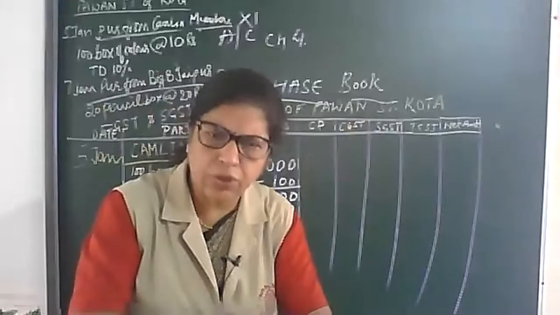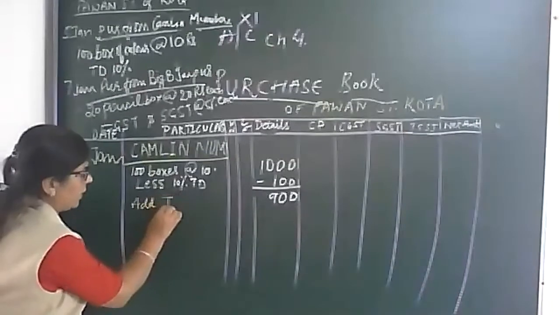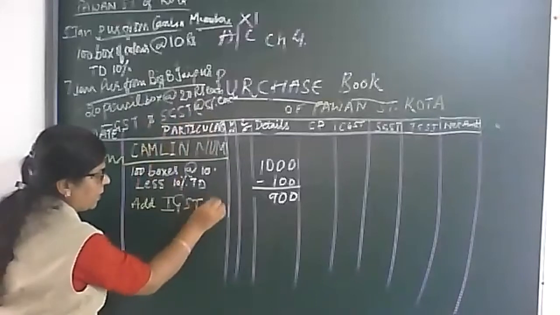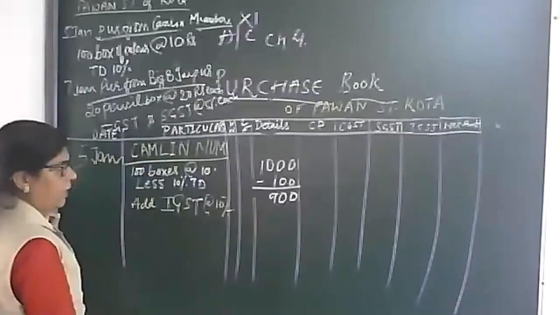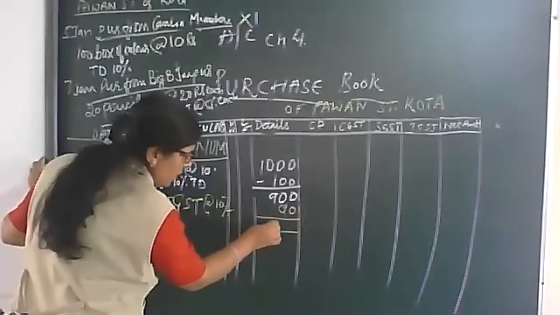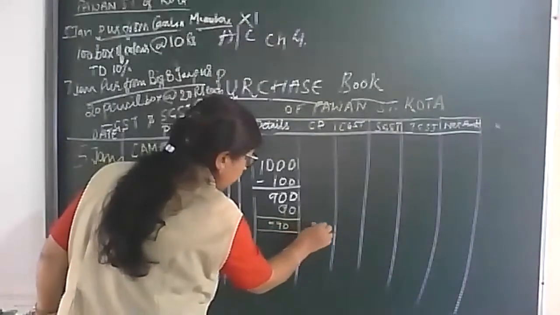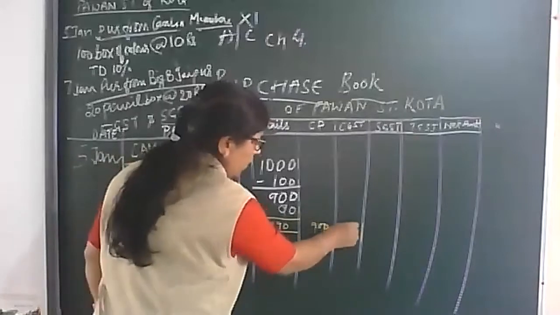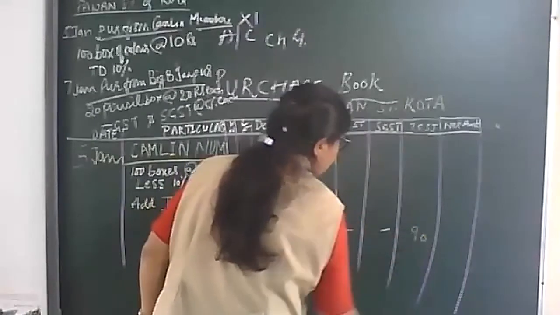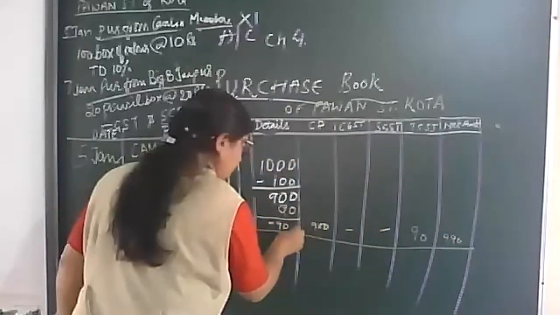So we have to add IGST, and IGST is 10%. 10% means 90 rupees. Now the amount is 990 and cost price is 900. CGST is not there; 90 rupees is IGST and the total amount is 990. You can make it in this way.